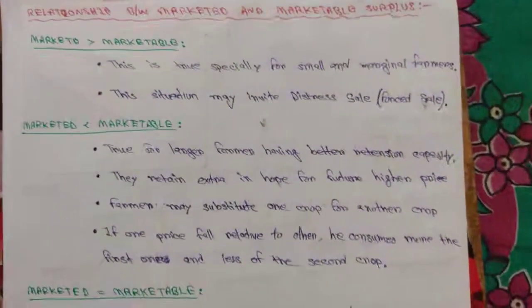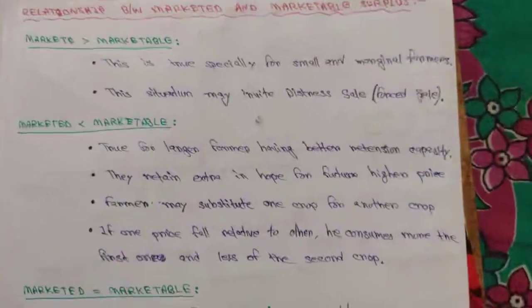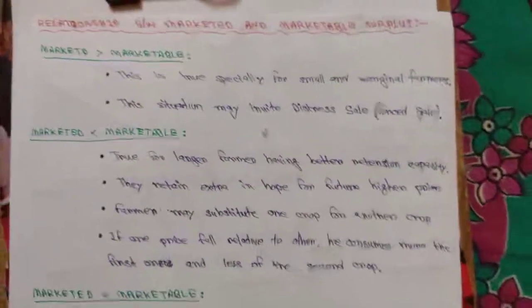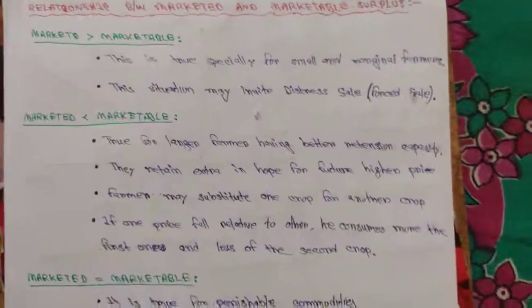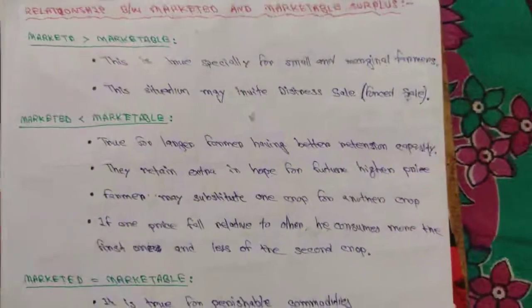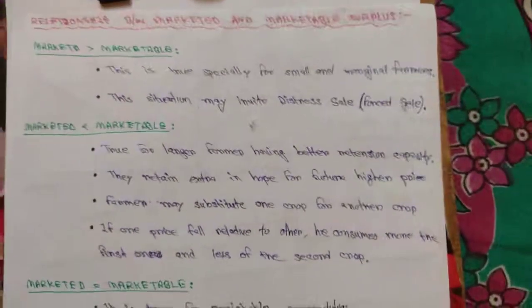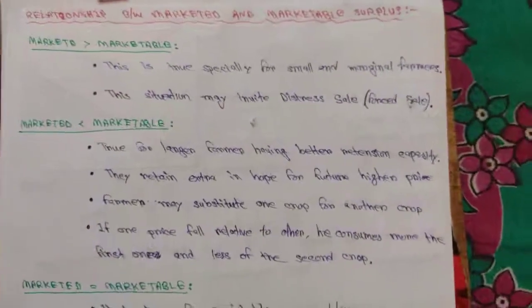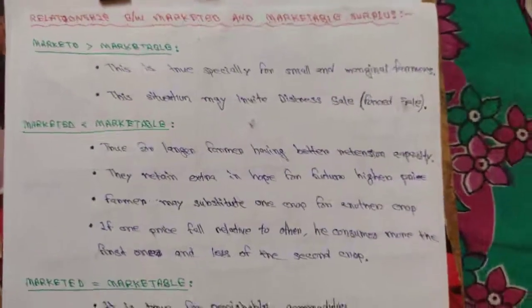Another concept is when marketed surplus is less than marketable surplus. It is true for large farmers. Why? Because they are large farmers, their investment capacity is very high, so they can invest a large portion in the storage of their produce. So they store their extra amount, thinking that in future there will be a higher price of the commodity.